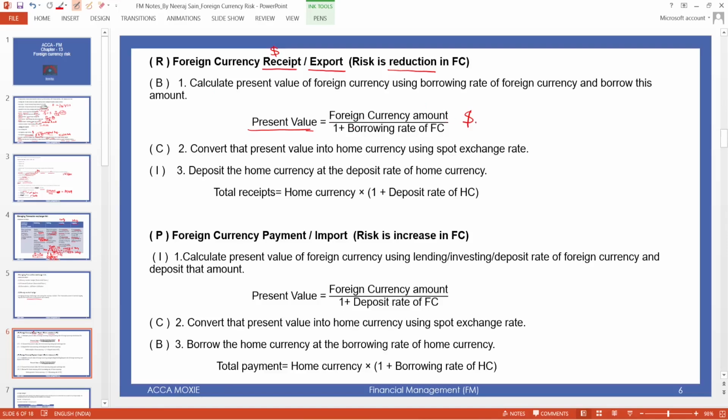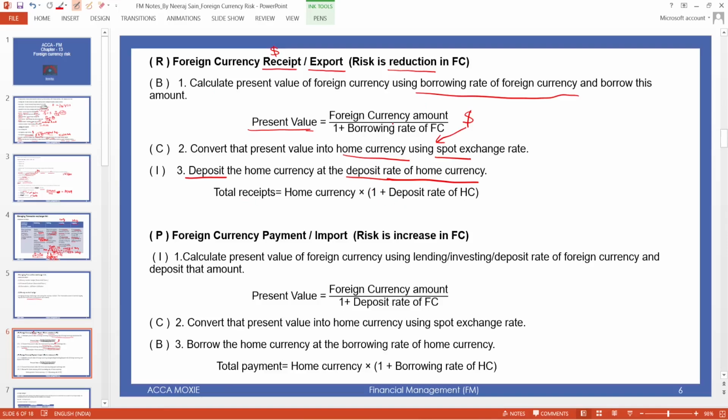That is the present value of borrowing in dollar terms, but then you convert that into home currency using the spot rate, at today's rate. Then you have to deposit that amount at the deposit rate of home currency. These are the simple three steps we need to follow.